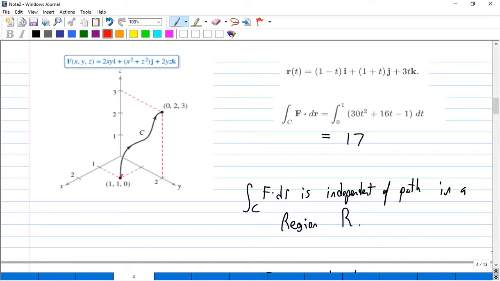Why not just draw a straight line? It's a lot easier to come up with a path, your r of t, if it's a straight line than if it's all this crazy stuff going on. If you're trying to figure out work, why not do it the easier way? Why not come up with a path of a straight line going through 2 points, which we've been doing.